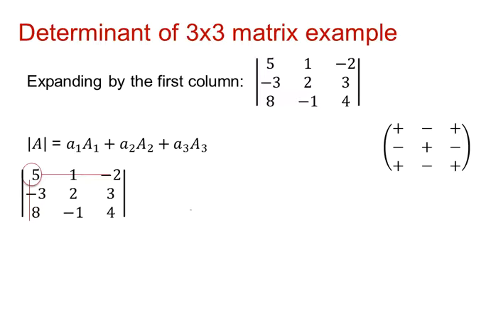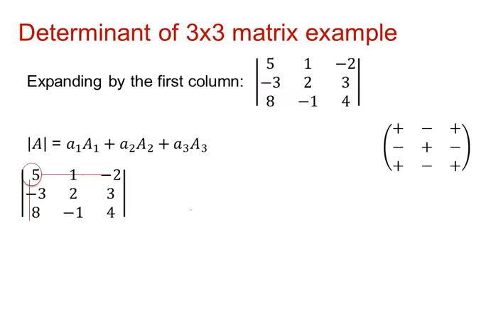In this example here, we will find the determinant by expanding by the first column of this matrix. The formula would be det A equals a1 A1 plus a2 A2 plus a3 A3. So you can see that, as we did before in previous videos, we've got that first element a1, which is a 5.